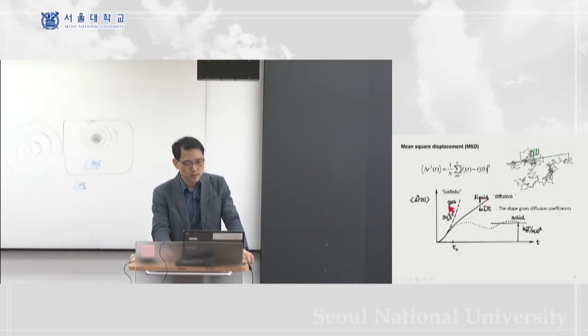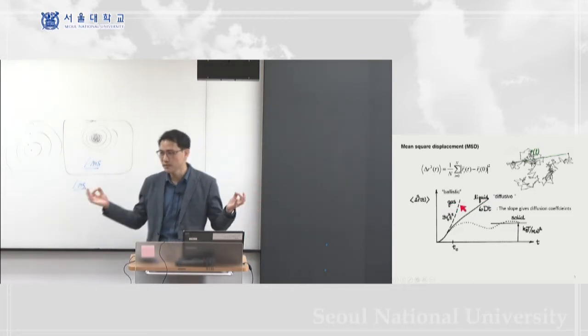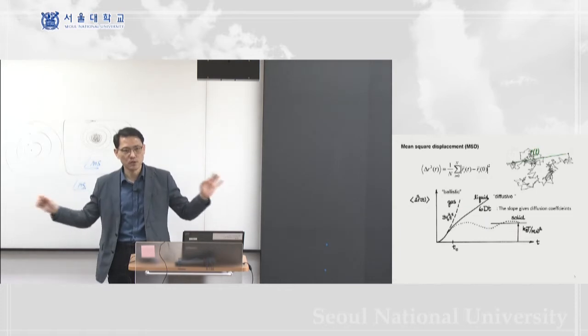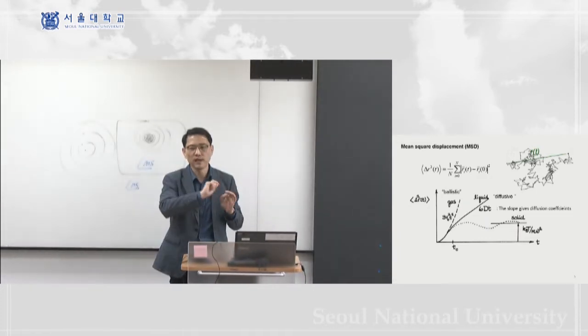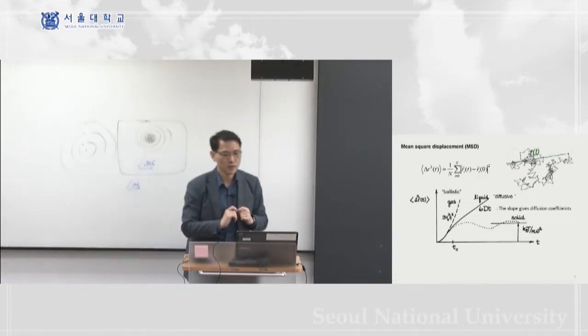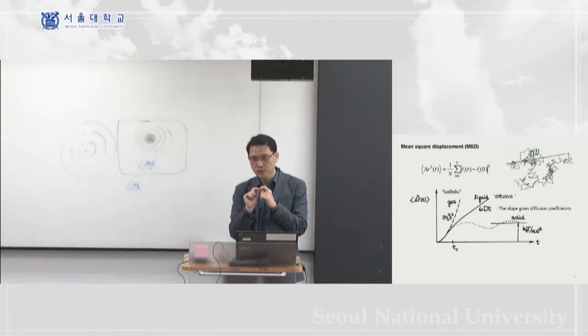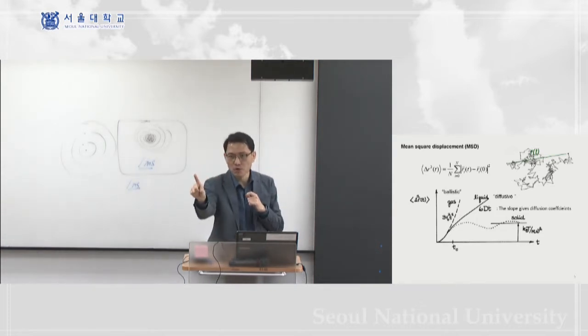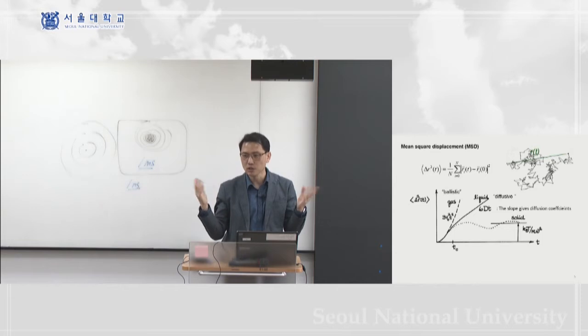In contrast, in the gas phase you have very few atoms, so collisions occur very rarely. Therefore, most of the time atoms are in ballistic motion, with constant velocity without any external perturbation.